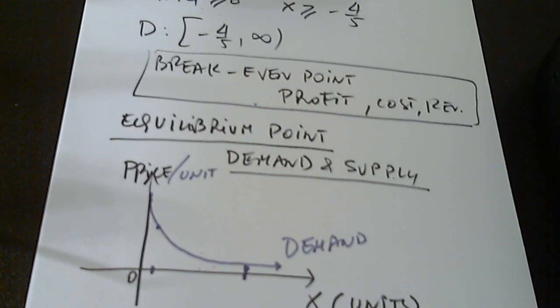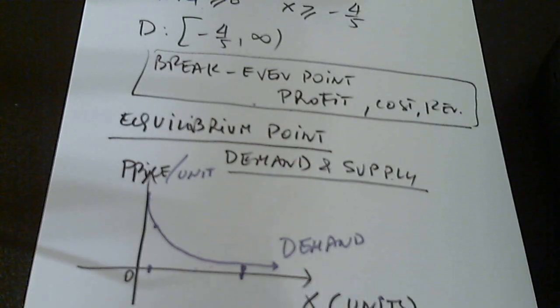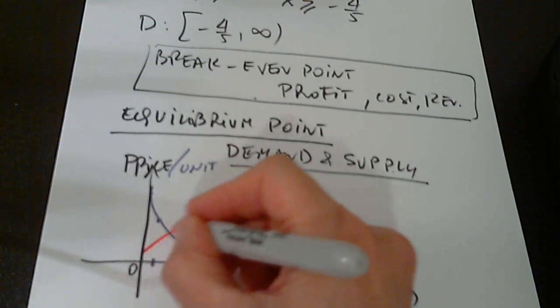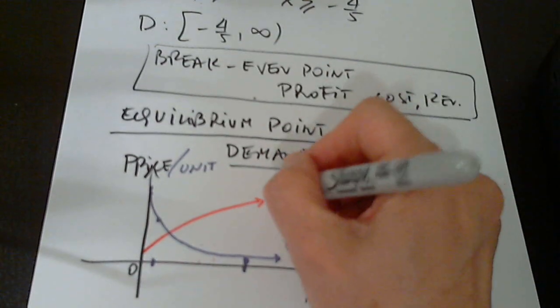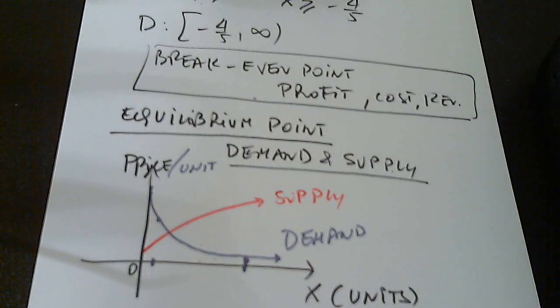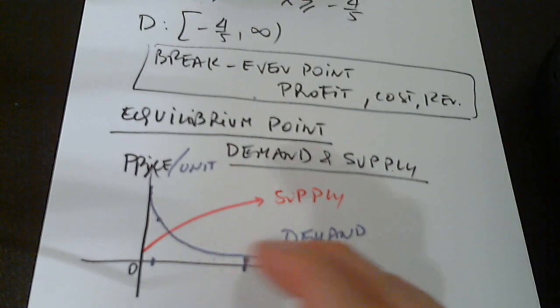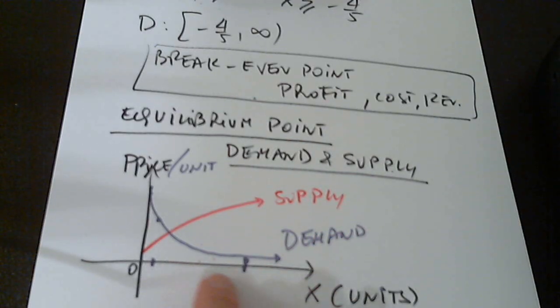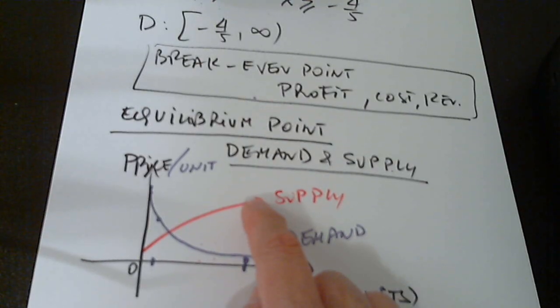Now, what happens when it comes to the supply? Well, the supply, the production, the corporate, if you want, this is a supply. They have a different mindset. They say, okay, we are willing to give you more units, but at a higher price per unit.